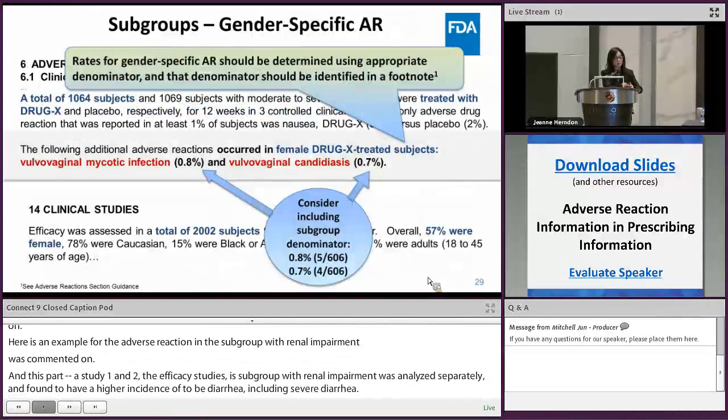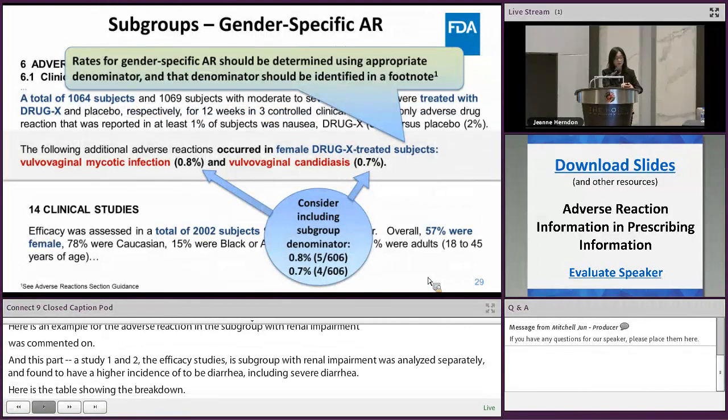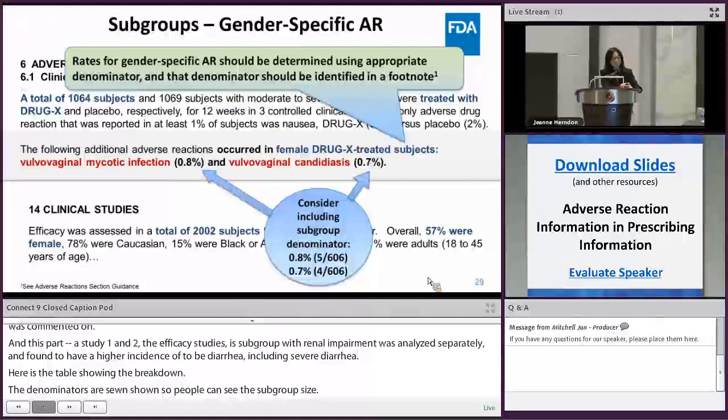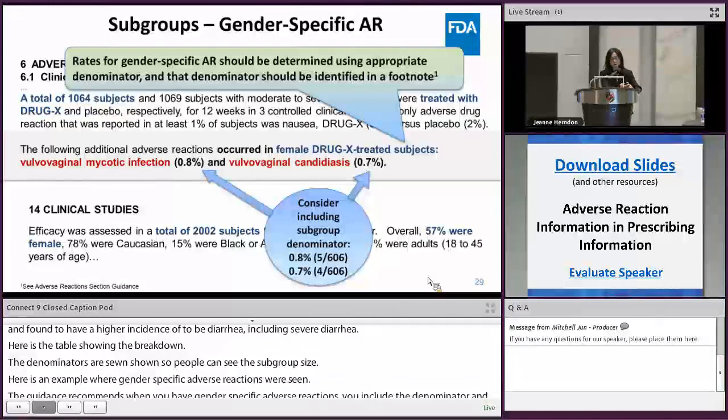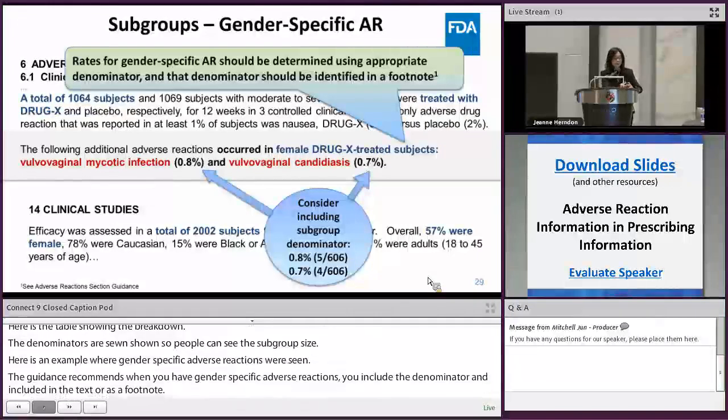Here's an example where gender-specific adverse reactions were seen. The guidance recommends that when you have gender-specific adverse reactions, include the denominator, either in the text or as a footnote. So here, with this drug in females, vulvovaginal mycotic infection and vulvovaginal candidiasis were seen, and the percentages are given.